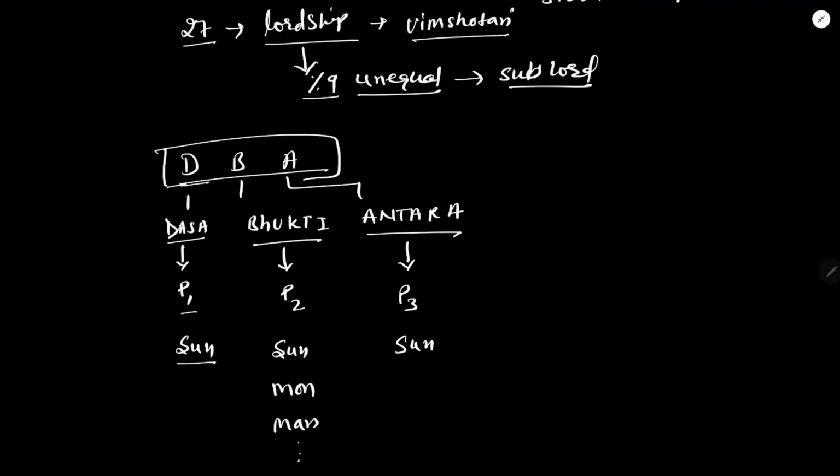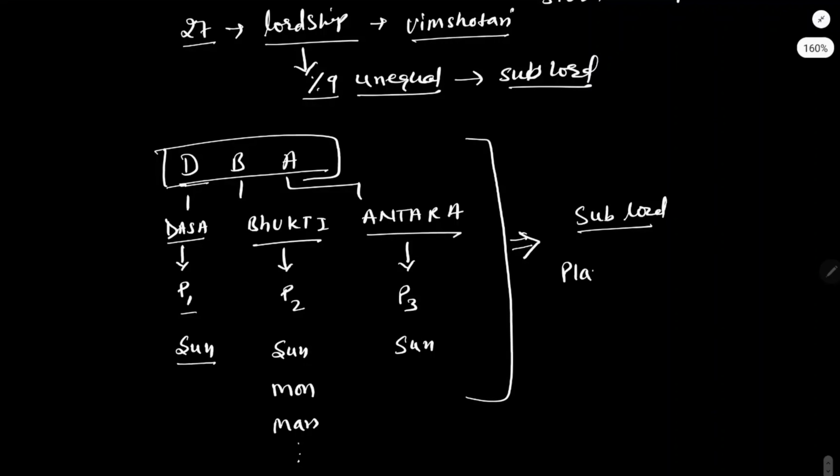So why am I explaining this? Because the sublordship is divided in a similar fashion. If you map this DBA with the sublordship order, you will find a relationship where the planet is further divided into the star, which we know the planet will be in, and also the sublord.